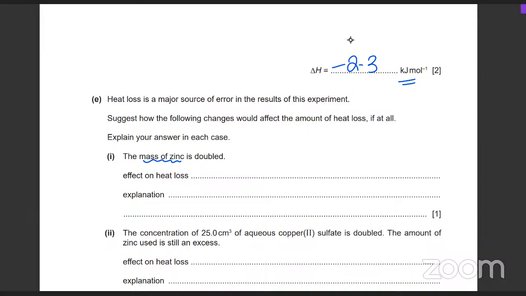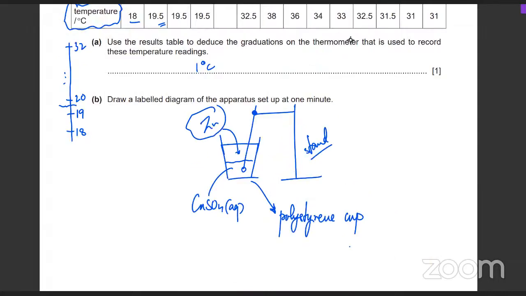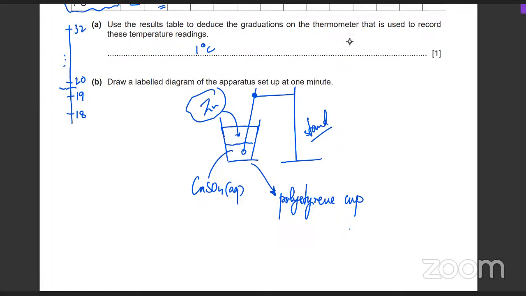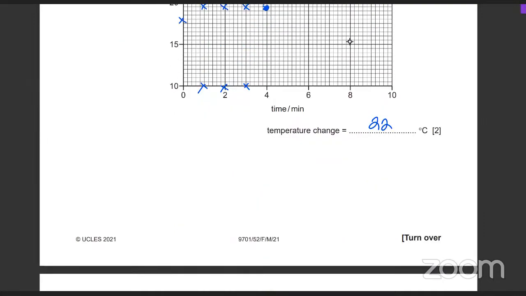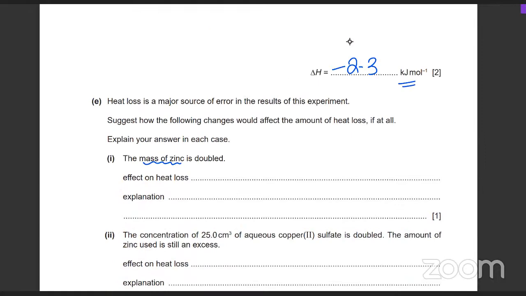So if you even add more zinc, the amount of heat that's going to be produced is going to be exactly the same. It's going to be the same exact reaction that's going to happen. So adding more mass will have absolutely no effect on the experiment since it's already in excess. So effect on heat loss, no effect. Why? Because it's already in excess.